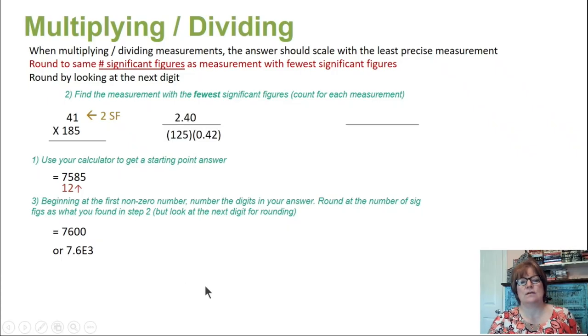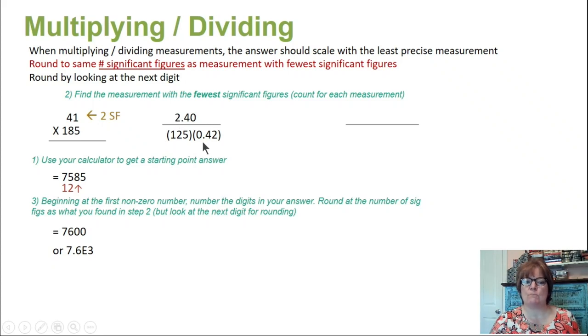If I put 2.40 over 125 times 0.42, remember, be careful. When you enter this in your calculator, do not do 2.40 divide by 125 times 0.42. When I use my operations on my calculator, it's based off of the first number that was entered. 2.4 is actually being divided by 0.42.